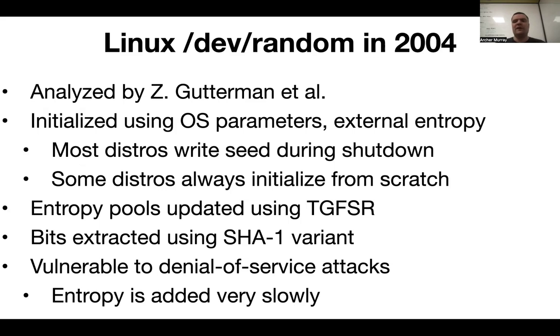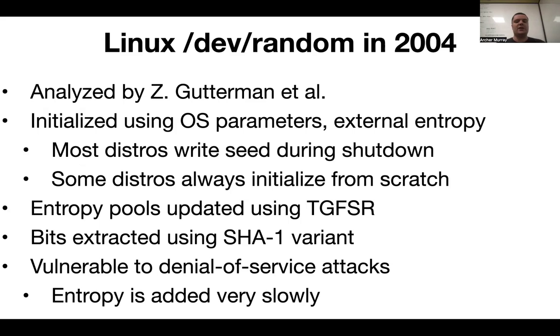Gutterman and the other authors found a few vulnerabilities in this implementation of /dev/random. While most Linux distros will write a seed file during shutdown, which it can then read again during startup in order to basically have the random number generator pick up where it left off, some distros don't do this and will instead just initialize the random number generator from scratch on every reboot, which drastically reduces the number of potential states it could be in.